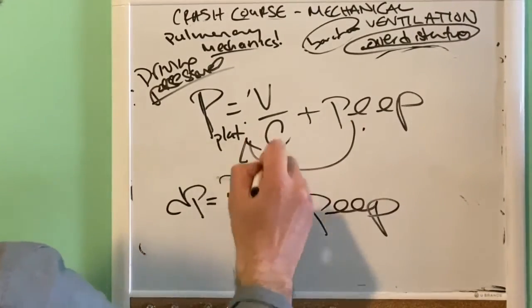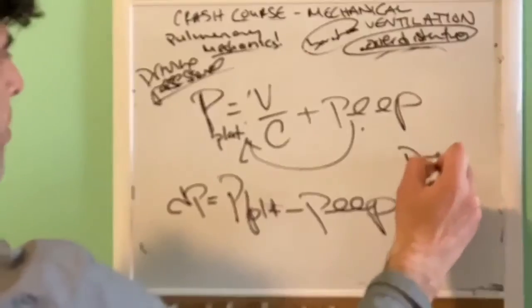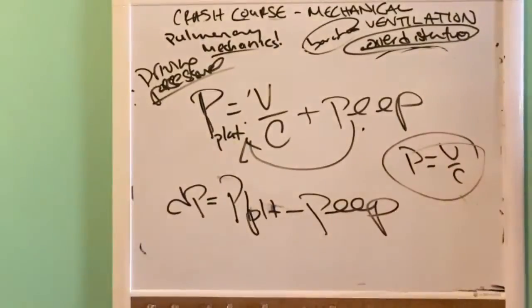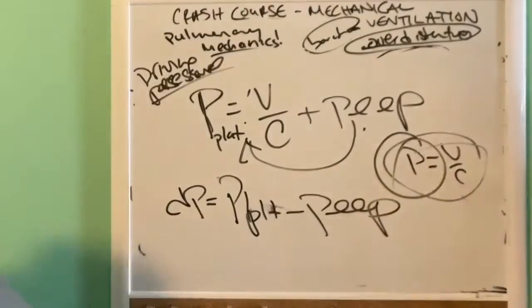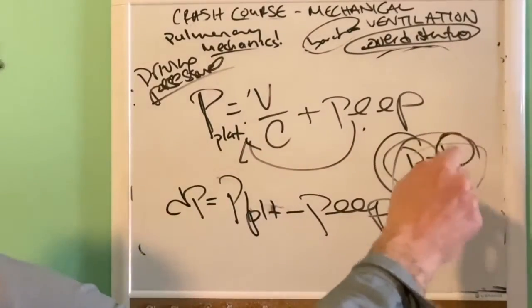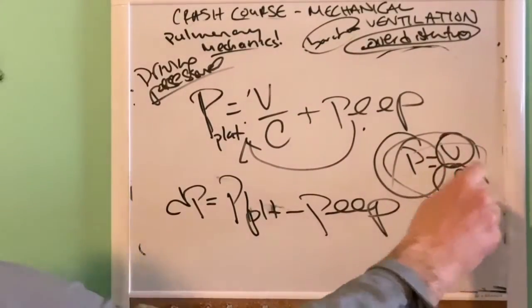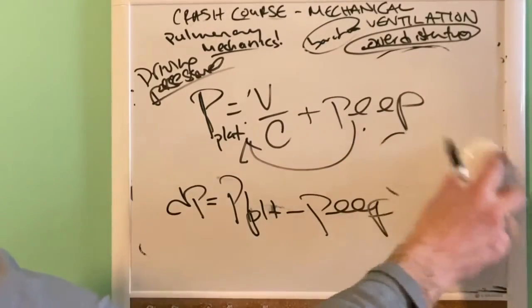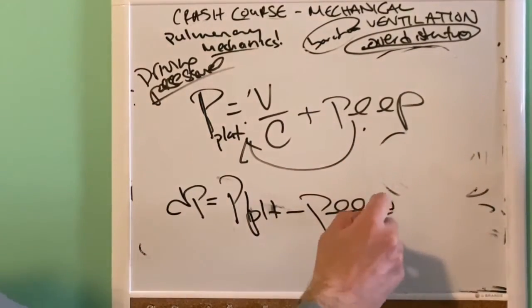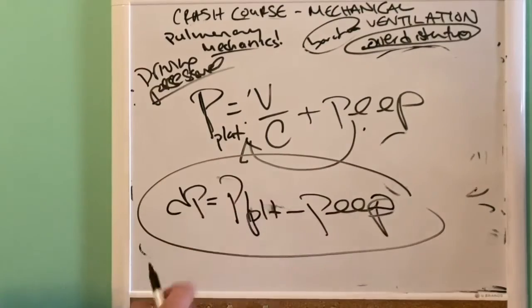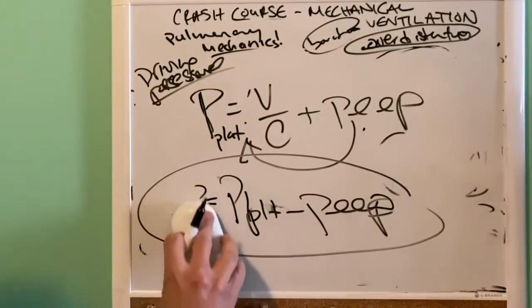Again, this is going over here. In general, pressure equals volume over compliance. This is the pressure required to achieve whatever volume in a single state of compliance. This is what we call driving pressure.